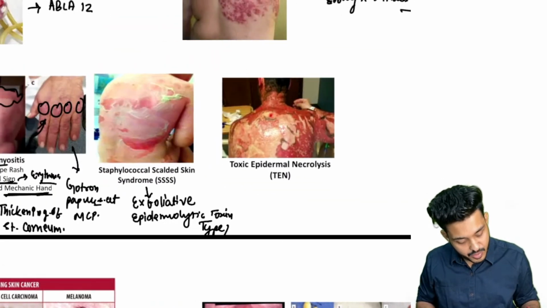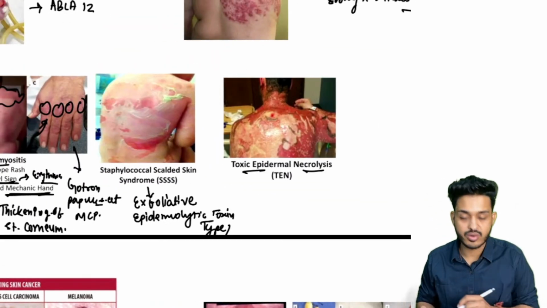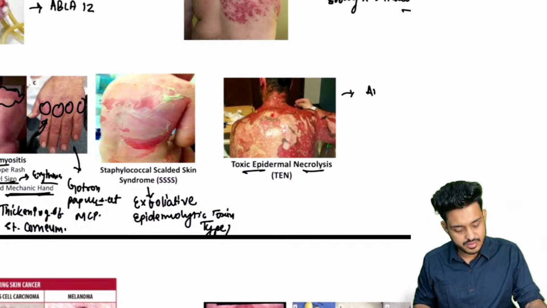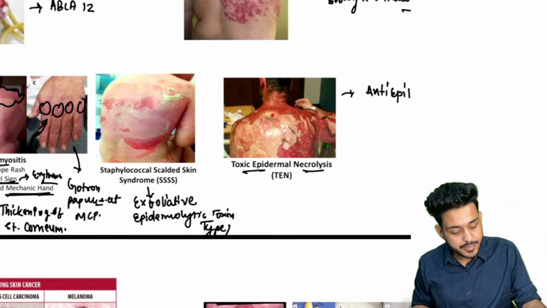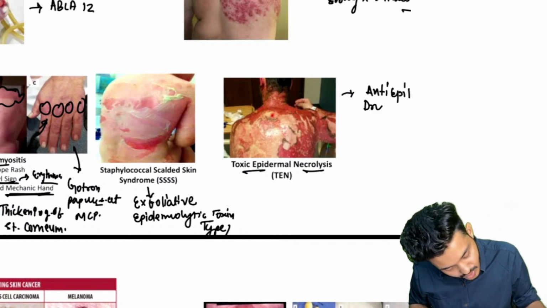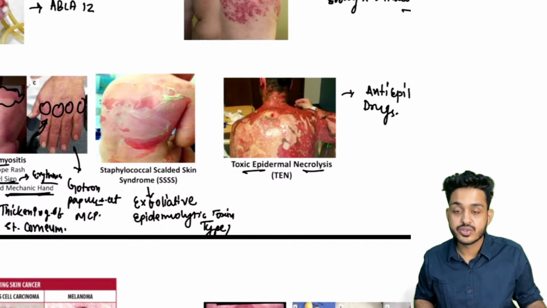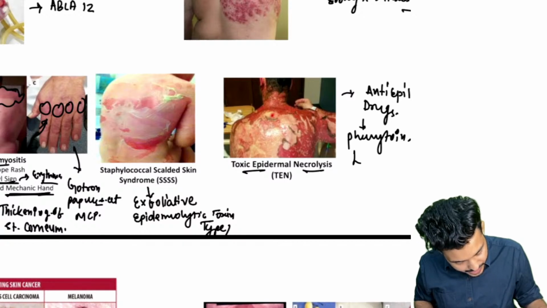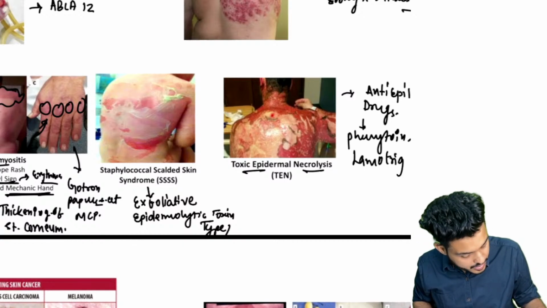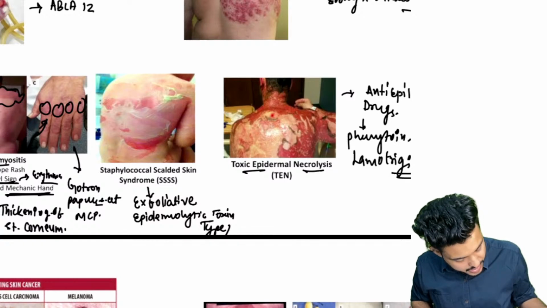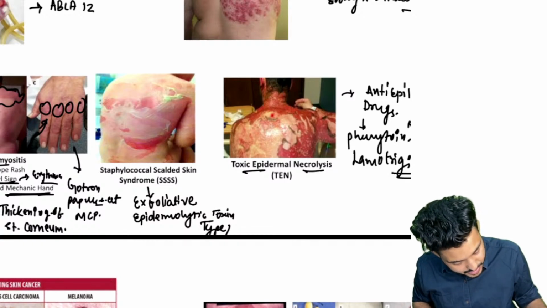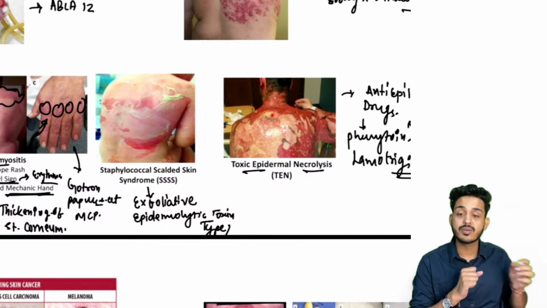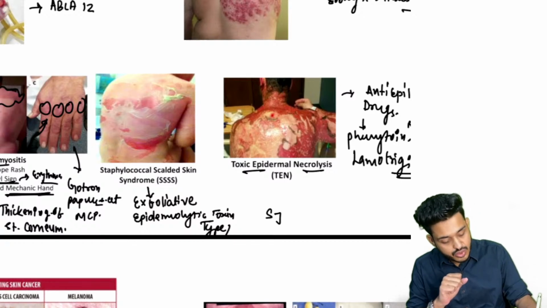Okay, we have one more thing, that is toxic epidermal necrolysis. This is generally due to anti-epileptic drugs or antipsychotic drugs, that is phenytoin, lamotrigine. This can be due to NSAIDs as well. So basically this is TEN. One more entity is Steven Johnson syndrome.